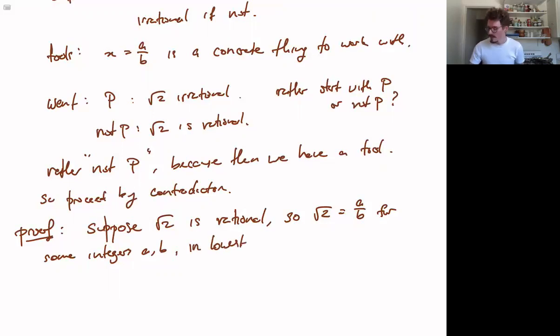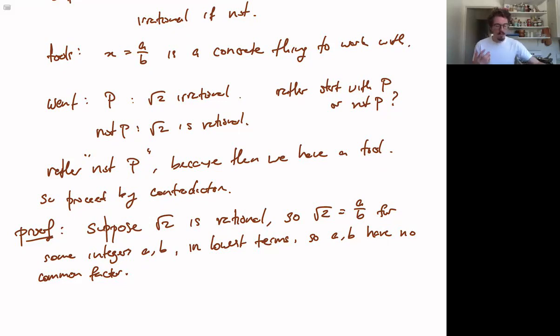And let's insist that this expression is in lowest terms. So a and b have no common factor. We didn't need to do that, but it's a common thing to do.